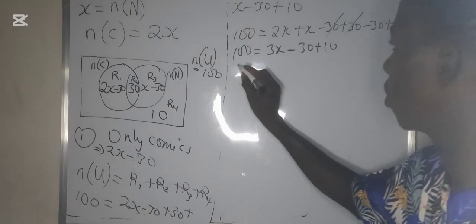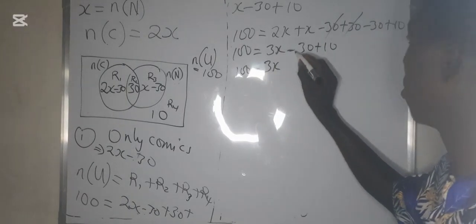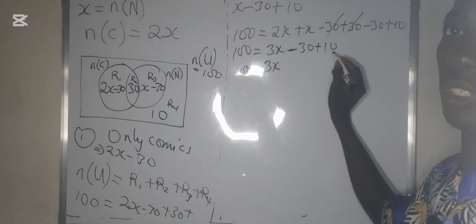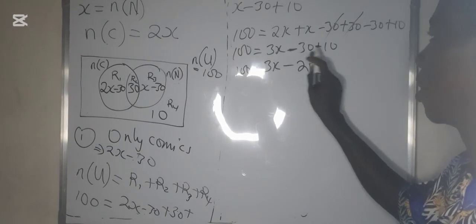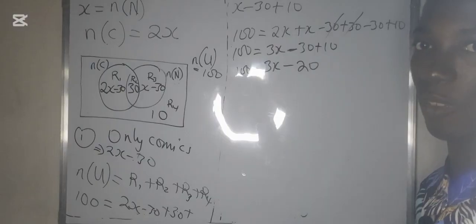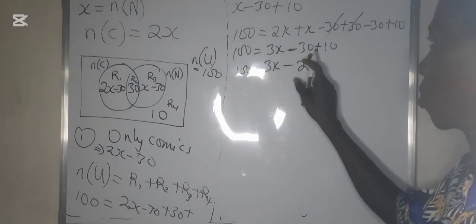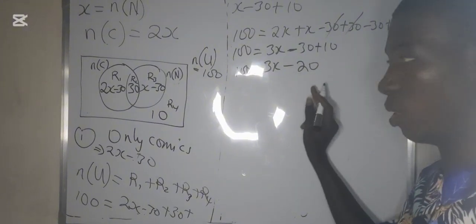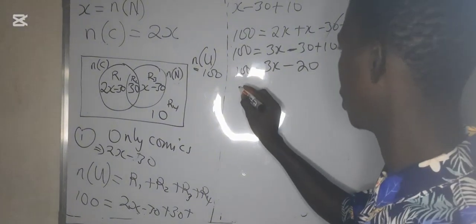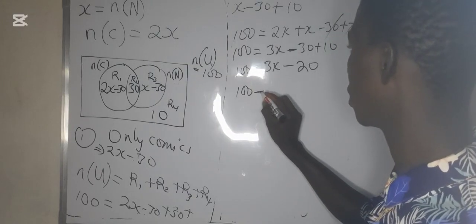So 100 is equal to 3x minus 30 plus 10, which gives minus 20. We subtract and take the sign of the bigger number, which here is minus. So we subtract 30 minus 10, that gives us 20, so it's going to be minus 20.